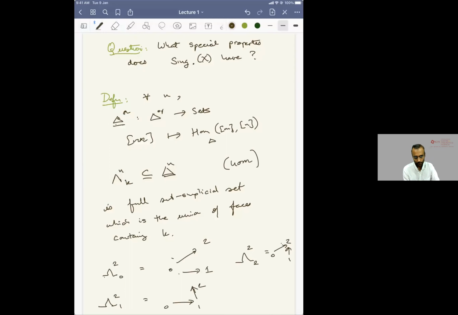So it's the full simplicial subset. So inside this functor from delta op to sets, you look at all those homomorphisms from m to n that factor through these faces. That's what the horn is.